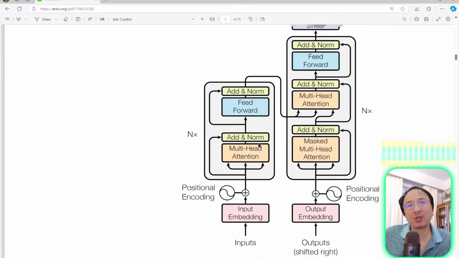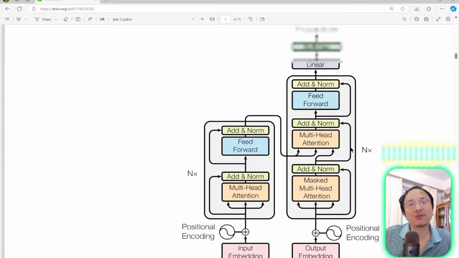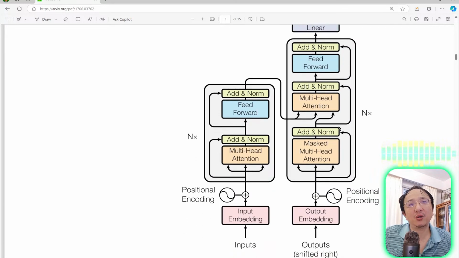The full transformer architecture has an encoder and a decoder. And in GPT-style AI, it only has the decoder. 所以 transformer 其实有 encoder 跟 decoder，但是 GPT 它只用了 decoder。所以我们只会讲 decoder. So we only talk about the decoder.